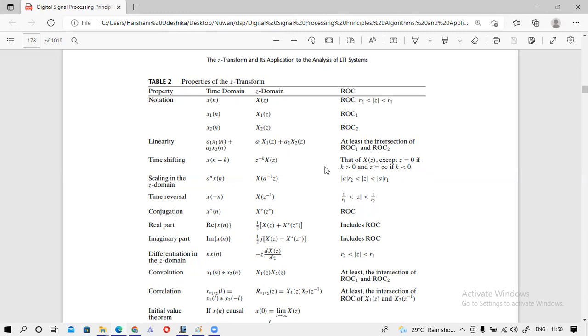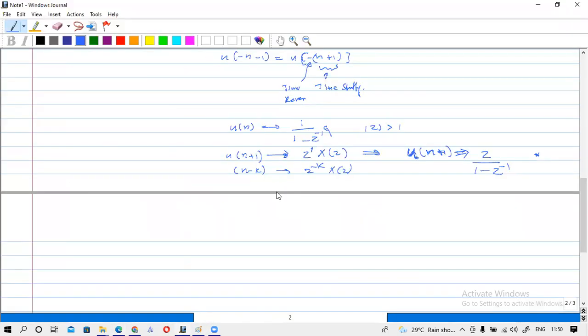So in our case, is k greater than 0 or k less than 0? Can you tell me, someone? K is less than 0.